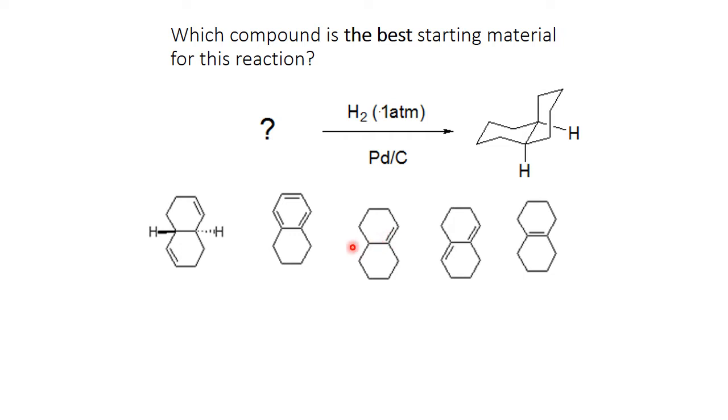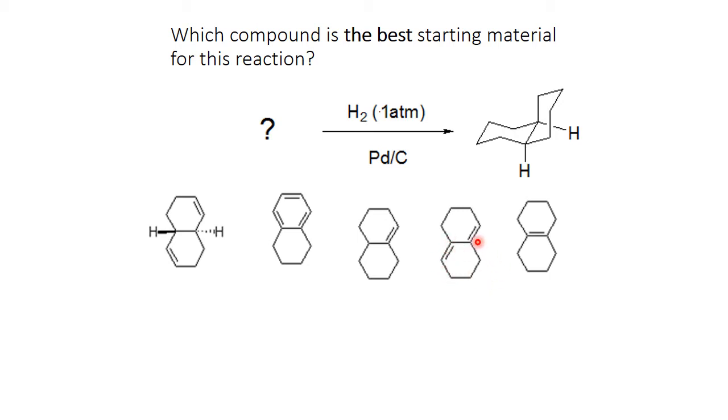And so I can come in from this side or I can come in from the other side, and what we would find is we would get a mix of a cis and trans for the two hydrogens on these two carbons. If I look at these two molecules, you would have exactly the same thing.